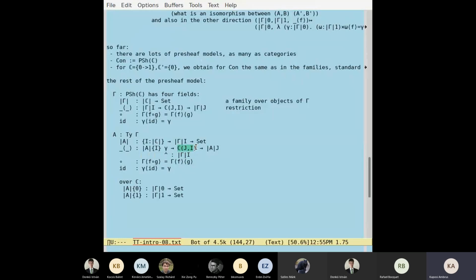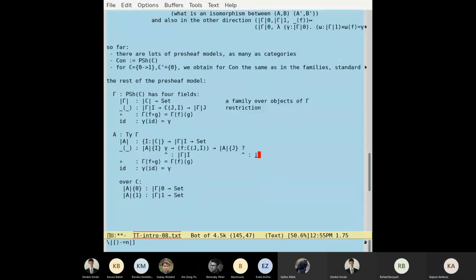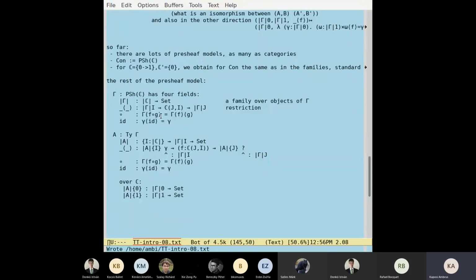And then if I have a morphism from J to I, let's give it a name F, then I have an element of I at J, but now here I need to write something of type gamma at J, right? Because AI here is over gamma at I, and then if I take AJ, then it's over gamma at J. So I need to write here something of gamma at J. And the small gamma is at gamma at I, but I can just use the restriction for gamma, right?